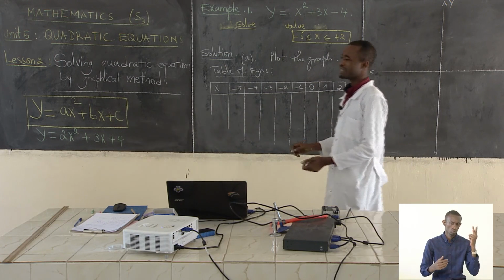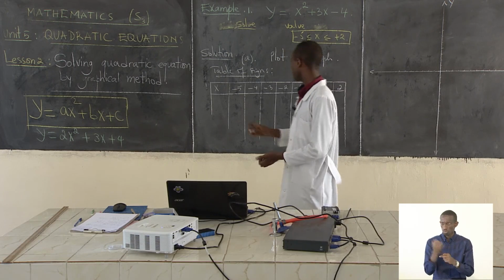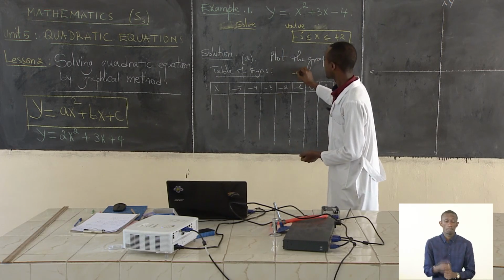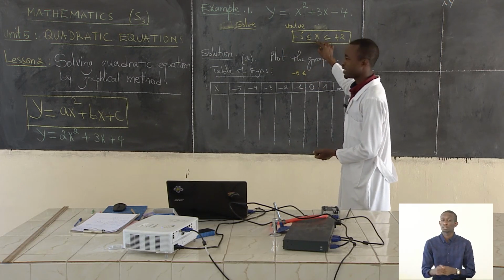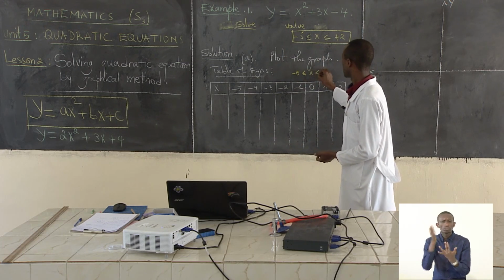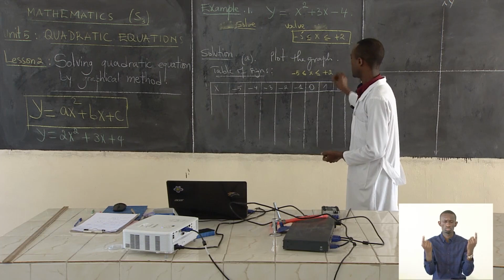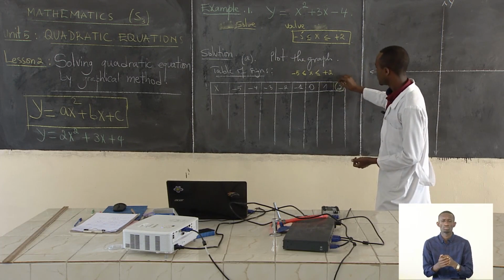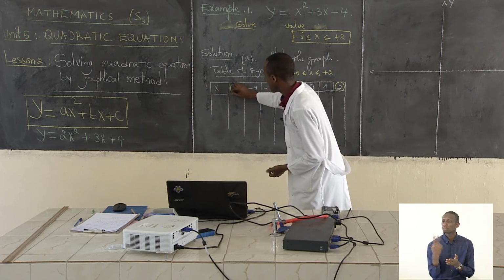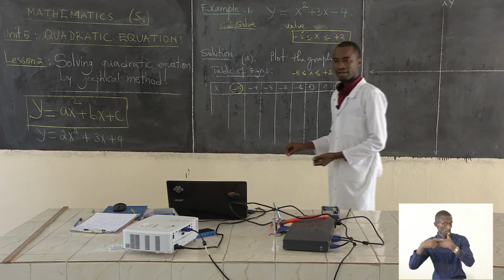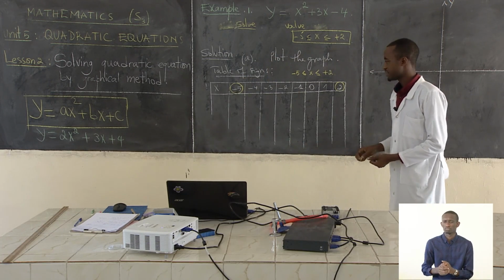So we are going to build this table of signs. You remember they told us that x should vary between -5 and +2. That's why I have 2 here and -5 here. I think everyone is seeing this.